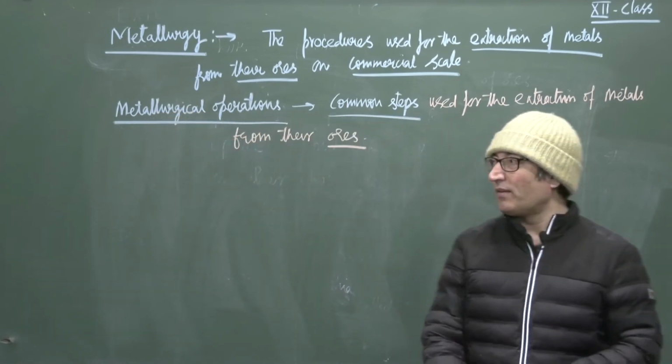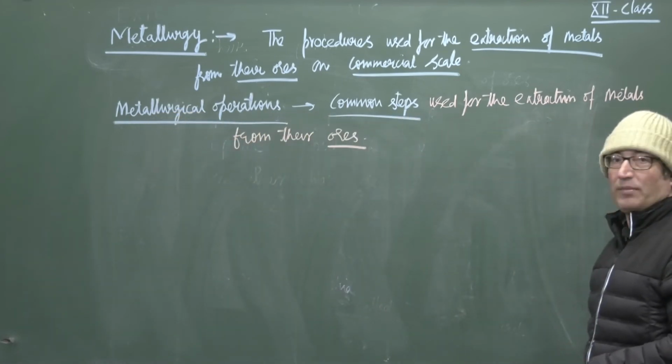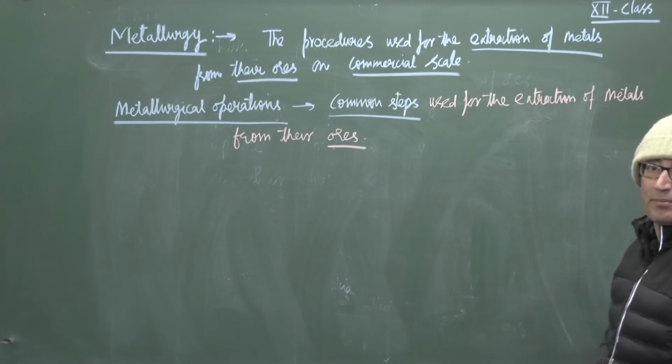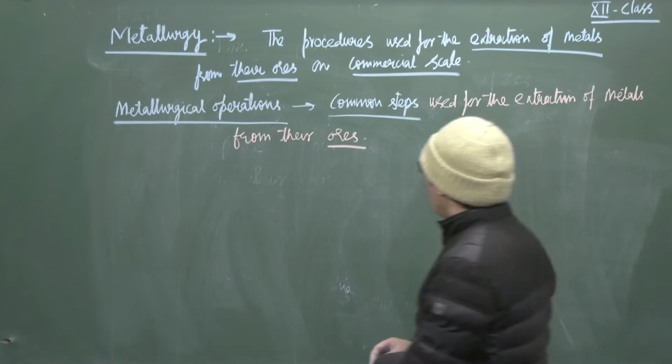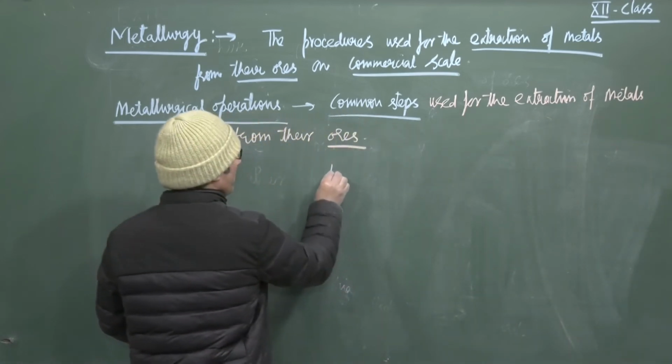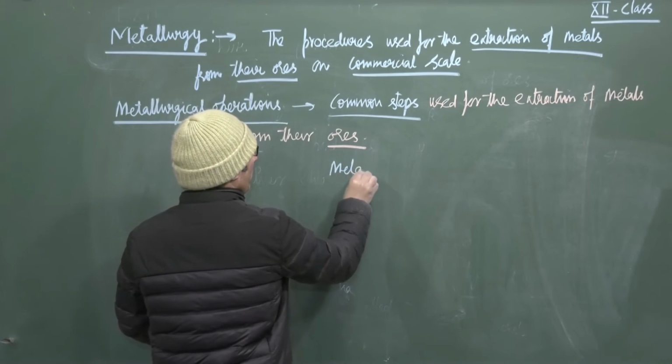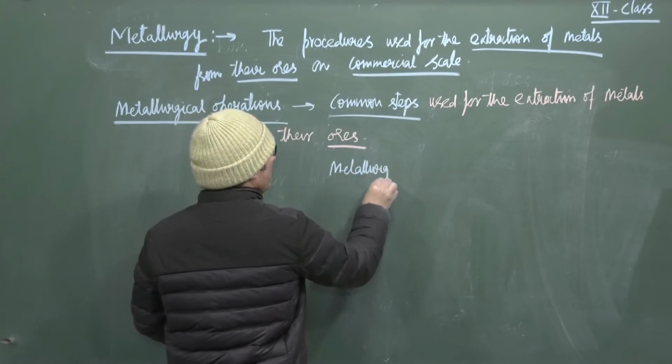For different metals, different methods are used, but there are some common steps. Those common procedures are called metallurgical operations. And how many types of metallurgical operations are there? I'll make a flow diagram of it. These are metallurgical operations.